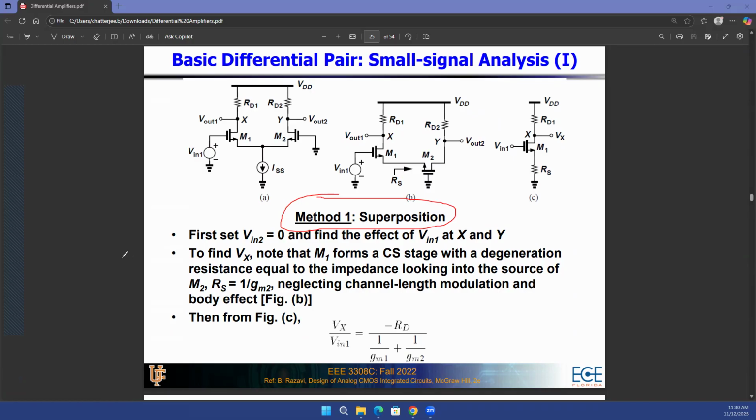But very briefly, superposition means that instead of applying both the signals at the same time, you apply only one input signal at a time and ground the other one. The basic superposition principle that you learned in 3111, for example. You analyze the effect of that one input source separately, then analyze the effect of the other input source separately, and then add the two effects. That's what we're going to do in the superposition principle.